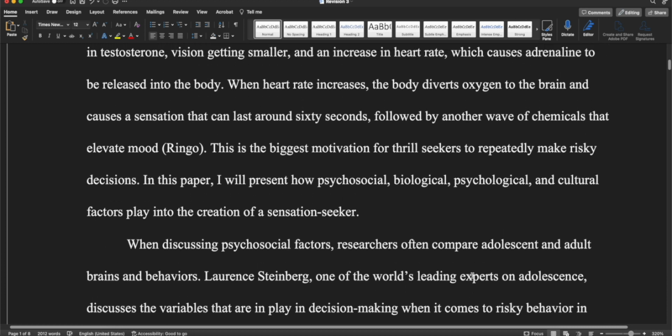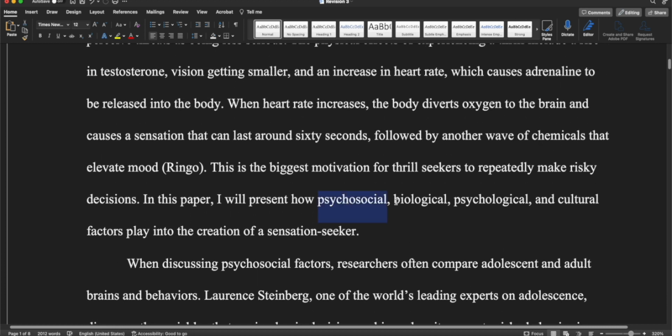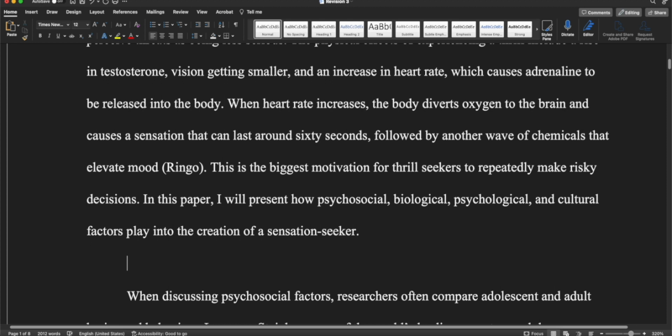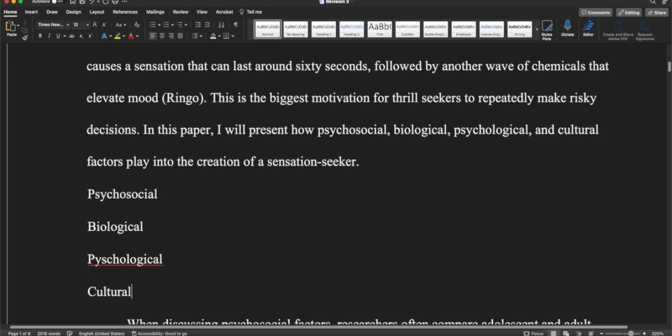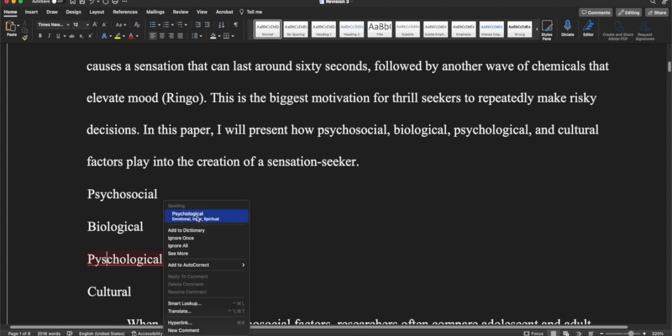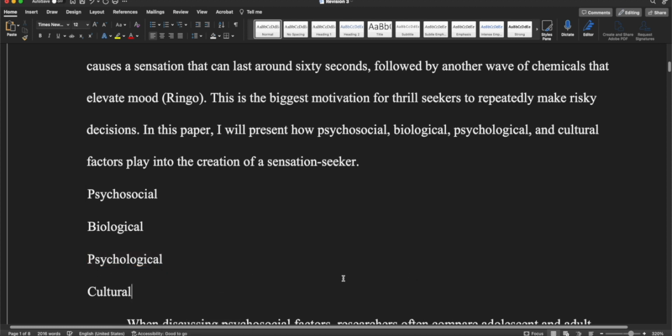So what we have here is essentially an outline: psychosocial, biological, psychological, and cultural. So 4 different sections. So I'm just going to go here and do this. That's not even... How many times can I misspell that?